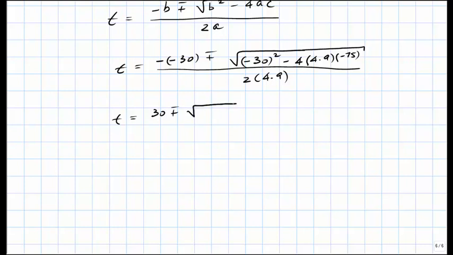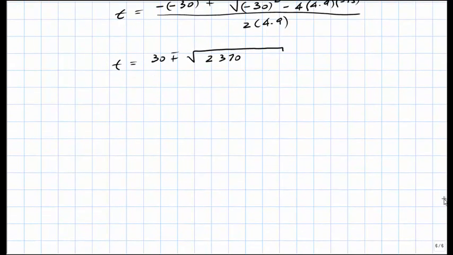If we conduct the calculation inside of this radical, the value that results is 2370. Keep in mind that we have a negative and a negative here, which really cancel to be a positive, on top of 2 times the 4.9.